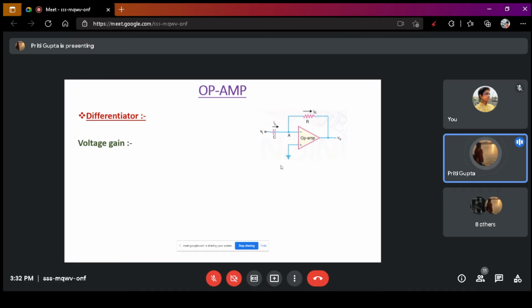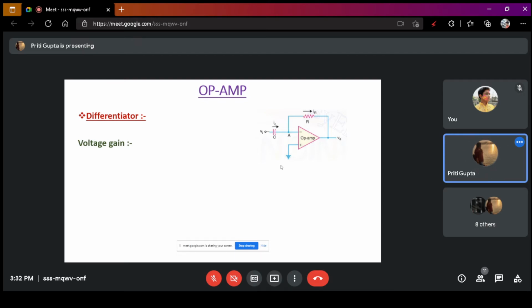First off, it's an important application to produce rectangular wave from a ramp input, ramp.